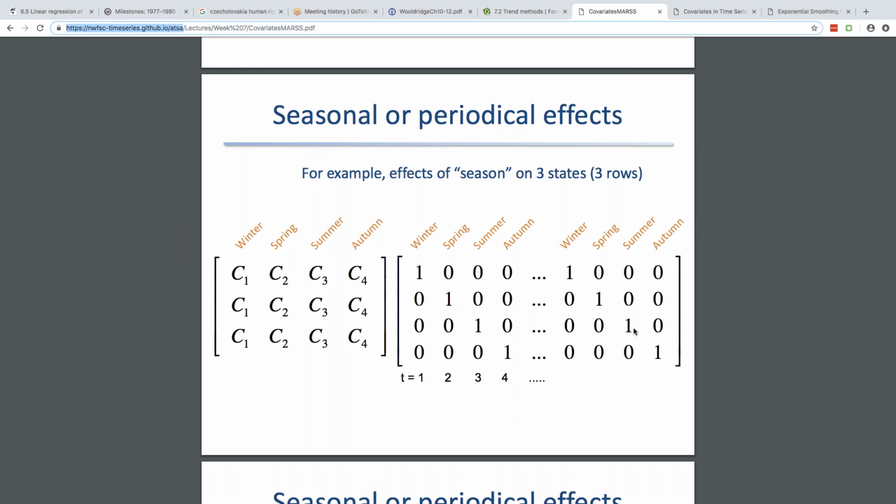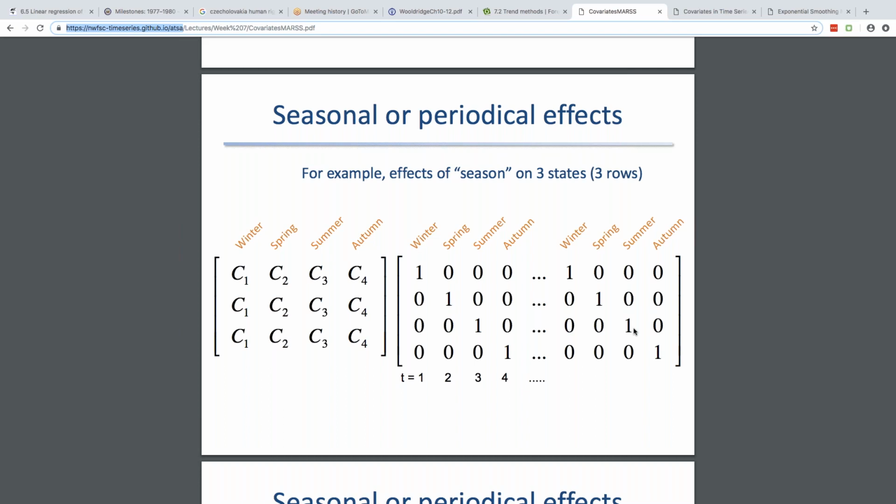So you have your C matrix, and this is your effects. If we have winter, spring, summer, and autumn, we have one for each column. And this would be the winter effect, and we're saying that it's the same for all populations. There are 3 populations, and each row here is an X for a population site.